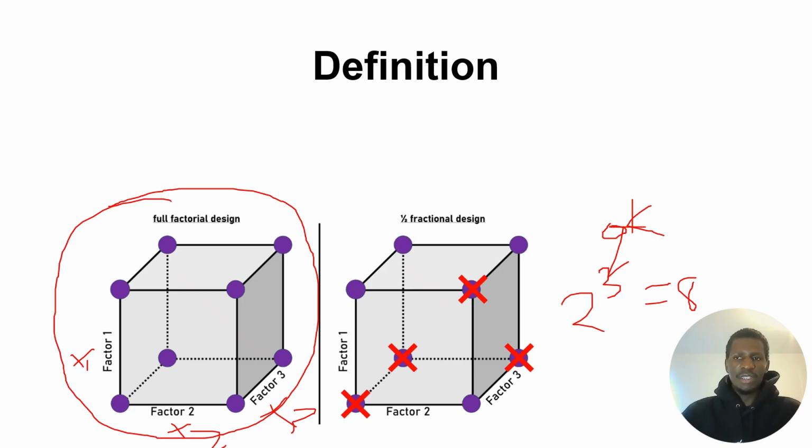In a fractional factorial design, we test just half of these experiments. You can see this point, this point, this point, and this point, they have been cancelled out. This is to tell you that in a fractional factorial design, instead of testing all the possible combinations of the factors, we test just half of those combinations.